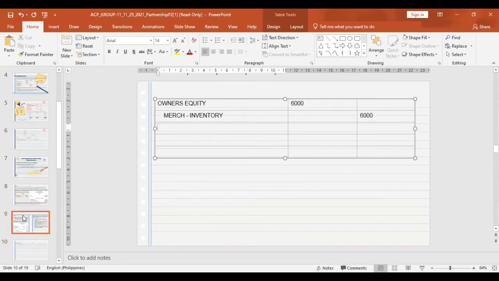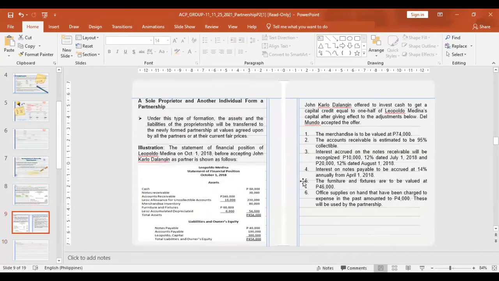So, next. So, yan. The accounts receivable is estimated to be 95% collectible. So, yung accounts receivable daw ni Leopoldo na 240 is collectible lang daw nun is 95% lang. So, magre-record tayo ng 5% na allowance.